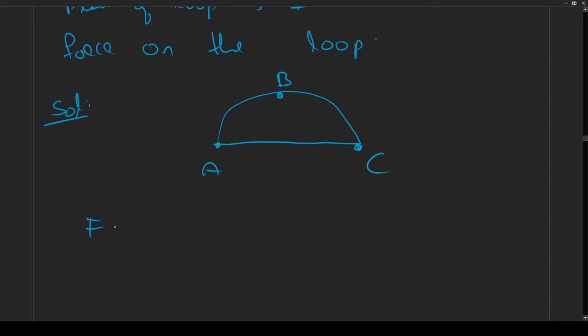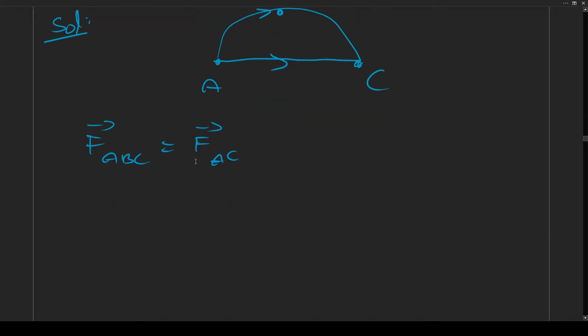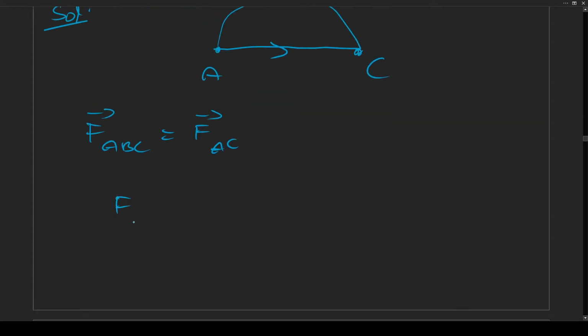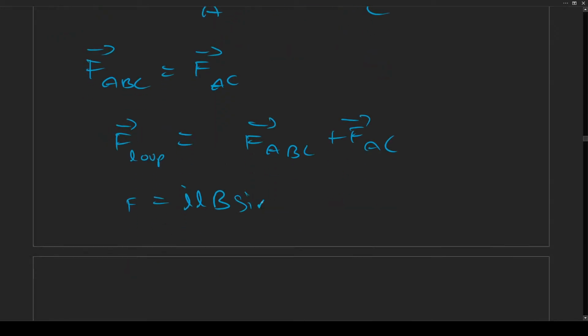ABC, force due to ABC is equals to force due to AC. When current is going in this direction, and so force on loop, which is equals to FABC plus FAC, and force which is equals to ILB sine theta. Here it will become 2 ILB sine theta because we are adding two loops.